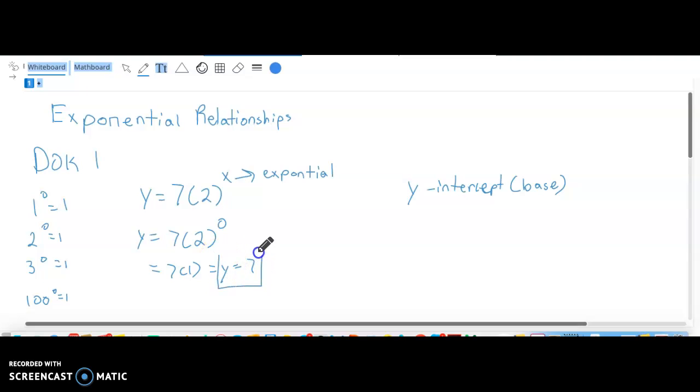So the y-intercept for this is 7. And the growth is going to be exponential growth, because this is a whole number and it's positive. Okay. All right.